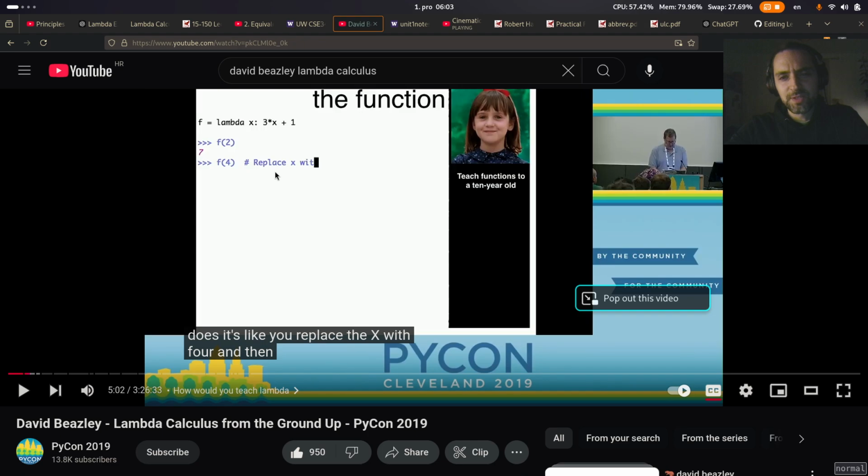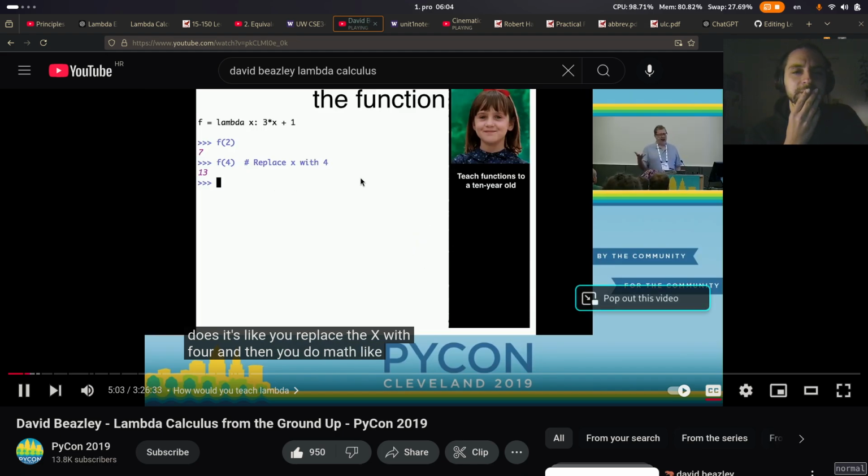In the first chapter, he's showing how to program, but not with syntax like we know it, just with words, like pseudocode. But he's using exactly the word replace. It's kind of cool that David also does the same thing.